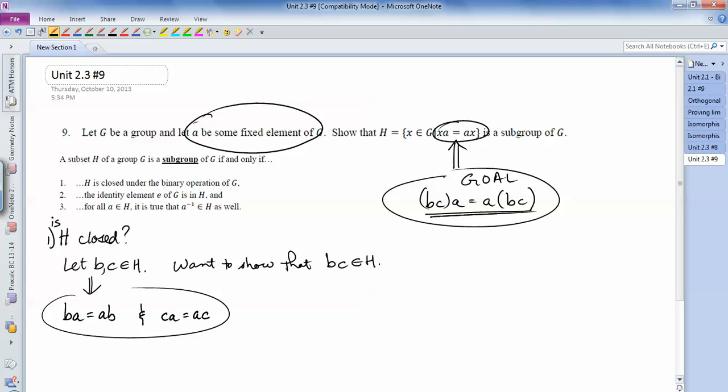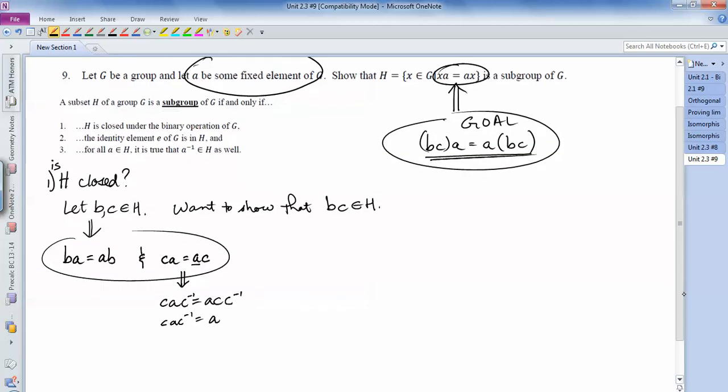Okay, so let's think. How can I do this? I'm going to try to isolate one of these A's. So why don't we try this one. In order to isolate that A, let's do CA equals AC, and then on both sides I'm going to multiply by C inverse. So now I've got A times E, which is really A, equals CAC inverse.